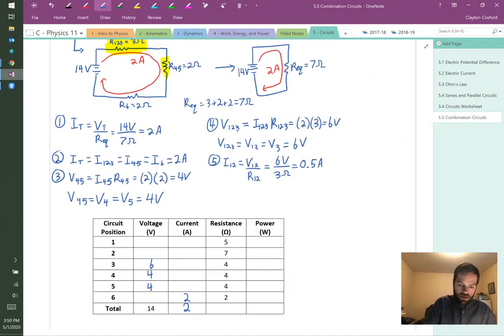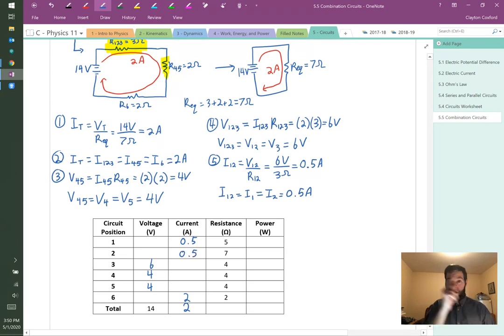And so I12 is equal to the current through resistor 1, which is equal to the current through resistor 2, which is 0.5 amps. Filling that into our table, 0.5 and 0.5, we now have one piece of information for the current for each of the resistors, and we know the resistance, so we can use Ohm's law to figure out the rest.